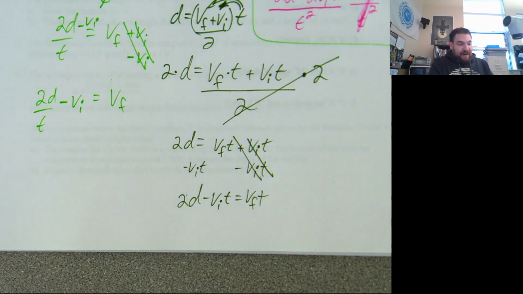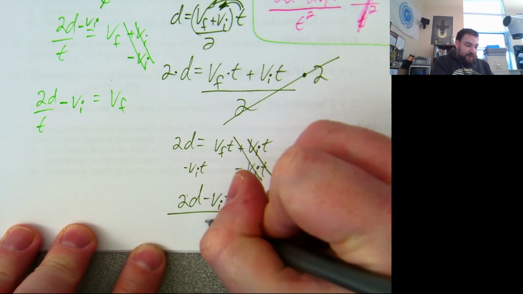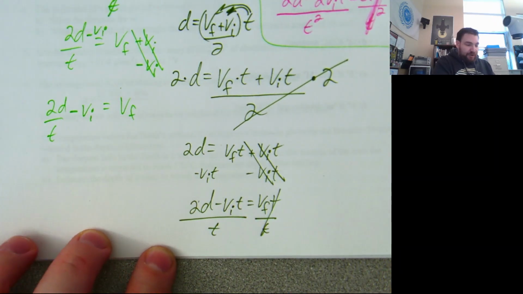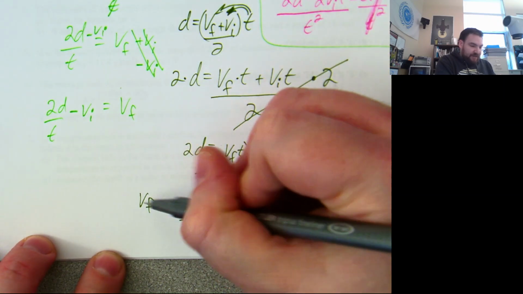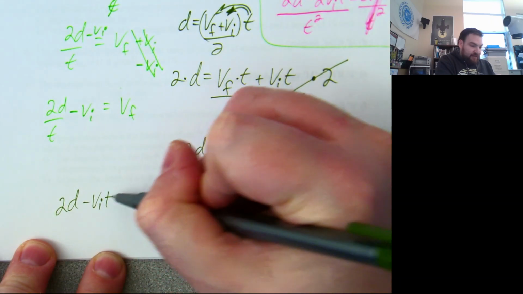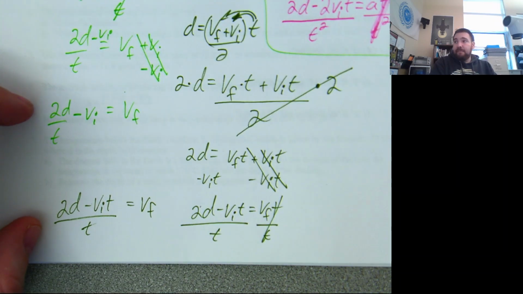And before, when we divided right away, now our last step is going to be to divide both sides by t. And so what we're going to have here is that vf is going to equal 2d minus vit all over t. And these two expressions are actually the same.